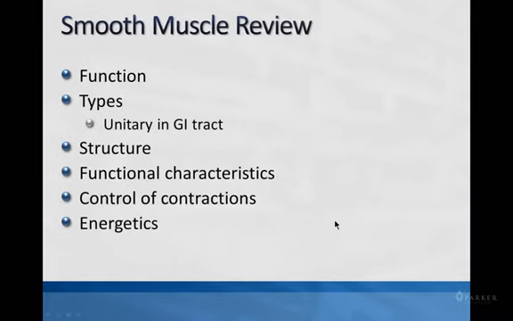Now, in your notes, for the next few pages, you have what's called smooth muscle review. This pretty much is a condensed version of the notes that you had for Physiology 1, because you listened to a webinar that covers smooth muscle as well as cardiac muscle. So I have a condensed version of those notes. You can read them on your own.